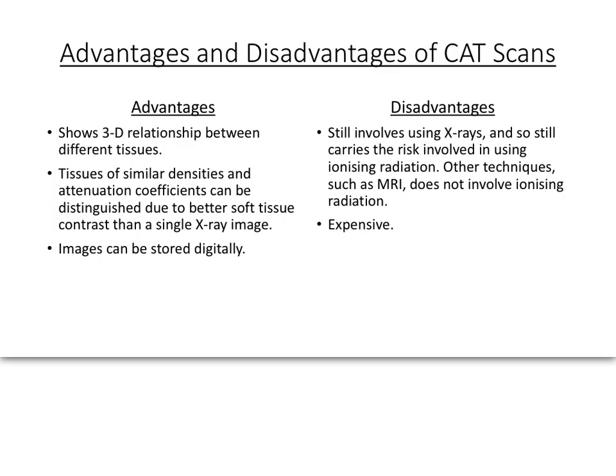As well as that, images can also be stored digitally, which means that they can be viewed easily by doctors in different places. One disadvantage is that it still involves using X-rays, and so still carries the risk involved in using ionizing radiation. Other techniques such as MRI do not involve ionizing radiation and may be less harmful. One other disadvantage is that CAT scans can be quite expensive. Let's be thankful for the NHS.